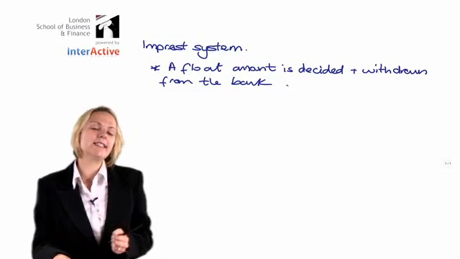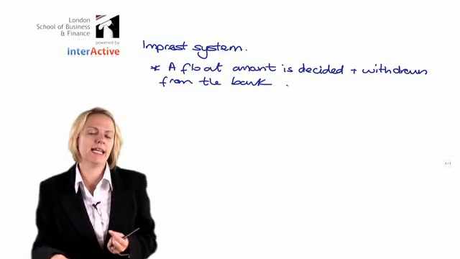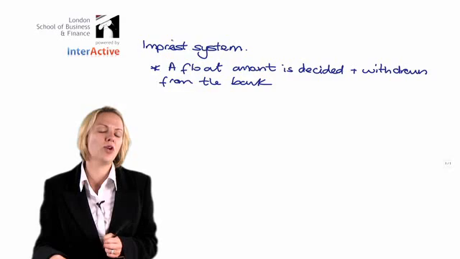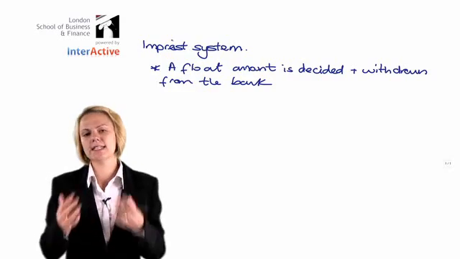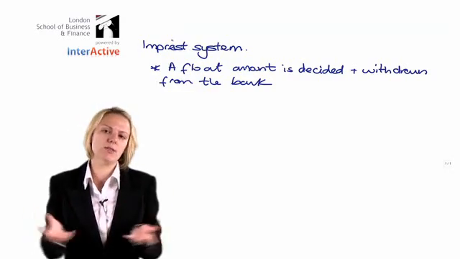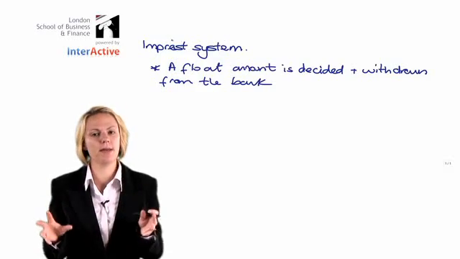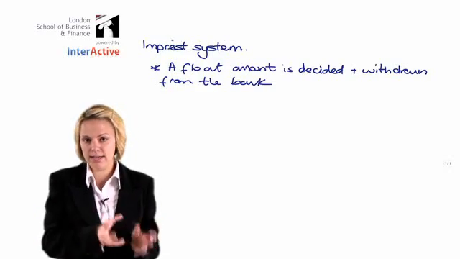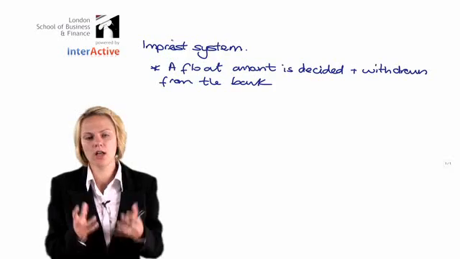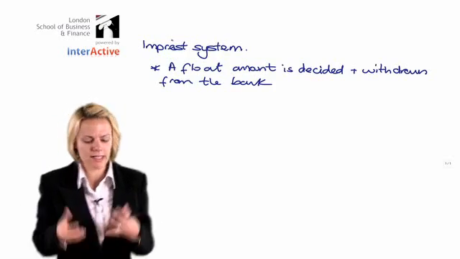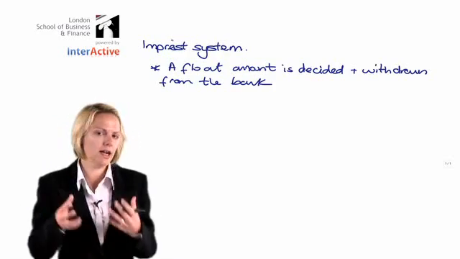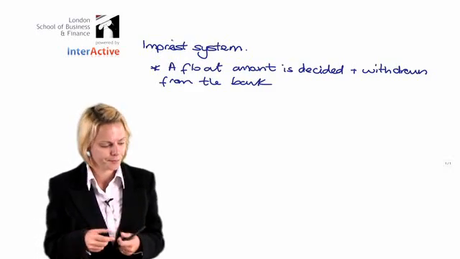So if a business decides to operate a petty cash system using the imprest system, they need to decide what amount they always want to maintain as float within the petty cash tin. In this particular example from the daybook, the float amount would be 100. That's the fixed amount that they've decided, and they've withdrawn it from the bank.